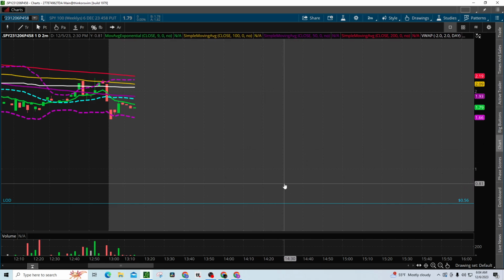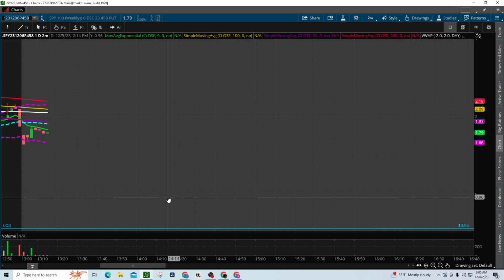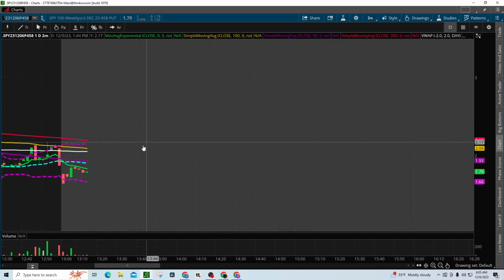So this could set up for a double bottom reversal, and then if we get our way, we'd want price action to come back up, and the 9 will slowly trend down this way. This will trend down much faster, and then hopefully the green and blue will cross red, and we get that nice price action going above the highest moving average here.